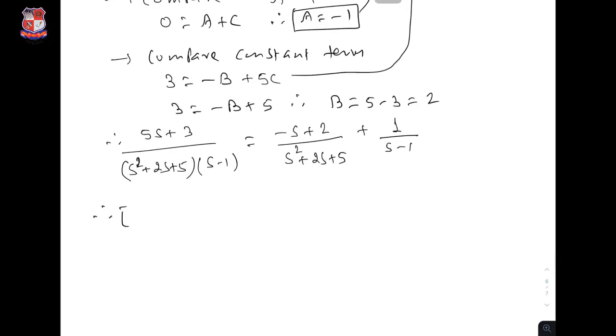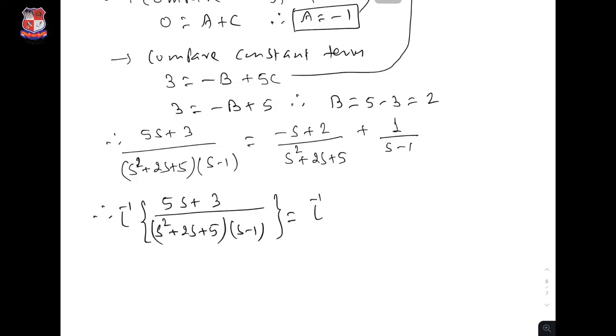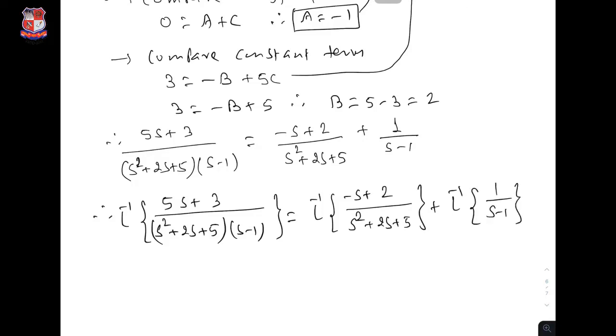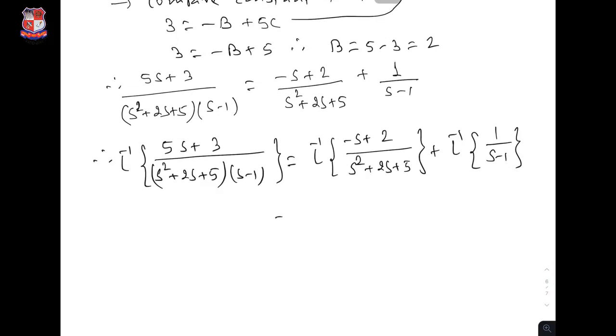Therefore the inverse Laplace transform of (5s plus 3) over (s squared plus 2s plus 5)(s minus 1) equals the inverse Laplace transform of (minus s plus 2) over (s squared plus 2s plus 5) plus the inverse Laplace transform of 1 upon s minus 1. Now here we need to take care.